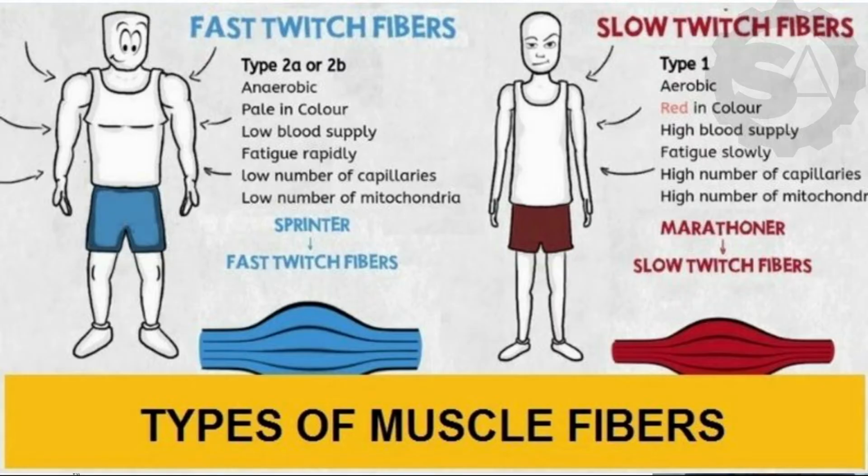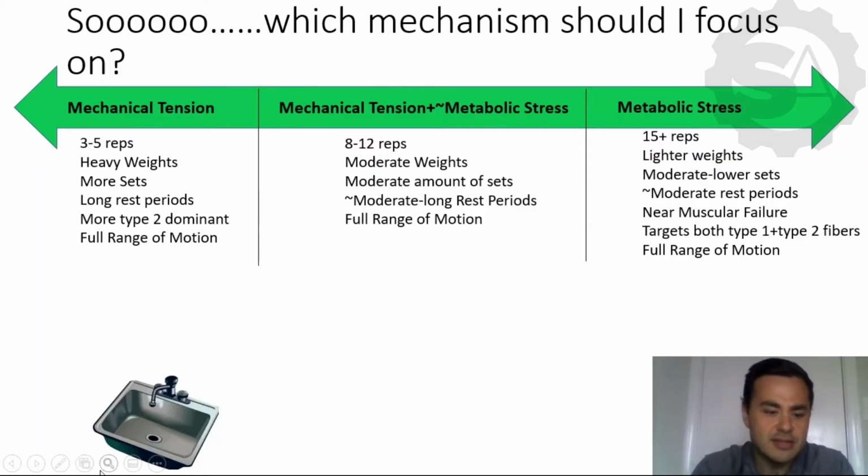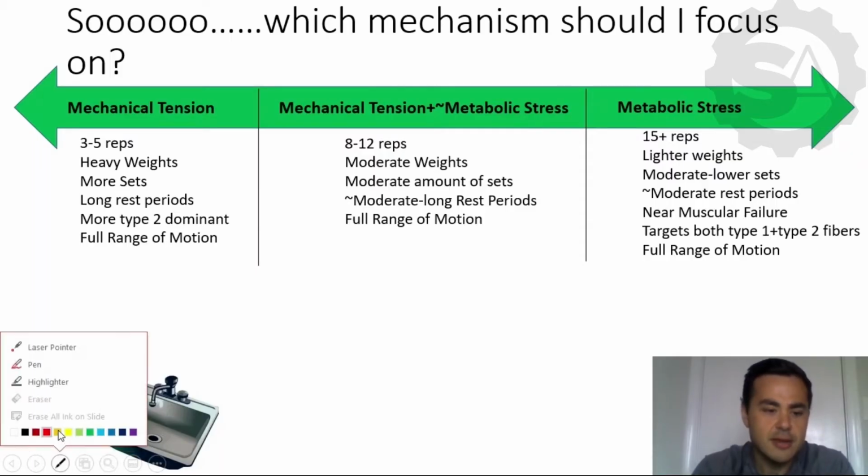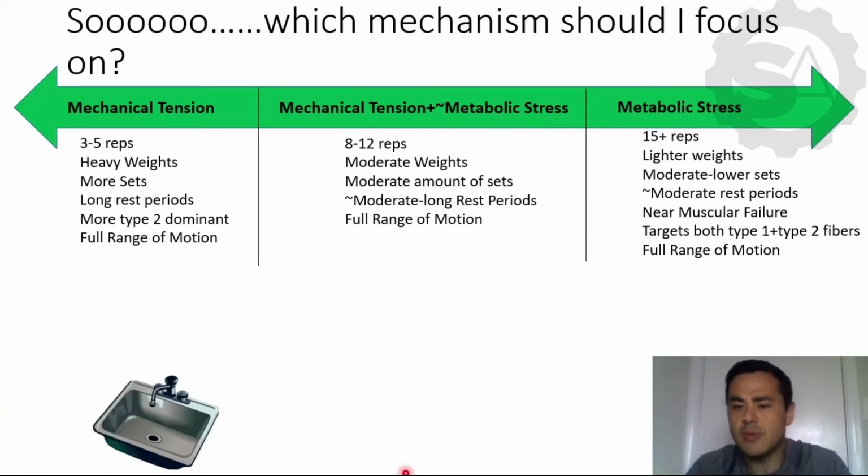On the flip side of the coin, we look at metabolic stress. With metabolic stress, as we discussed earlier, we're looking at higher reps, lighter weights, probably moderate rest periods, and we'll talk about that later as well, but getting near muscular failure. And then we have somewhere in the middle. A lot of times you see the typical hypertrophy range should be between 6 and 12 reps, or 8 and 12 reps or something like that.